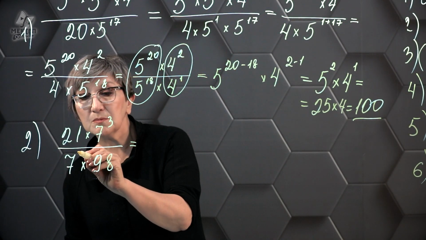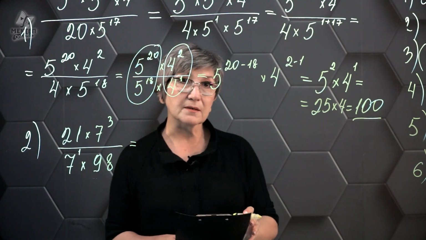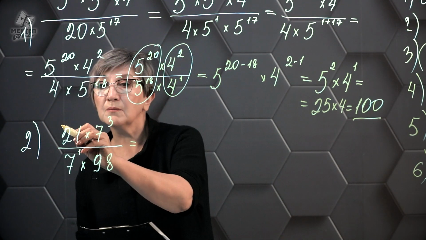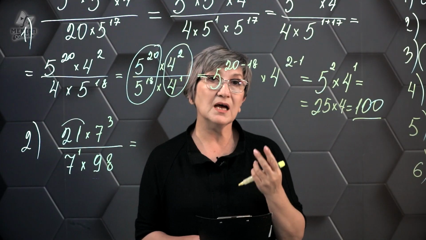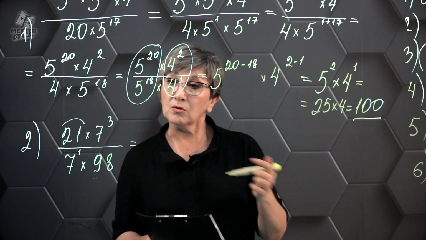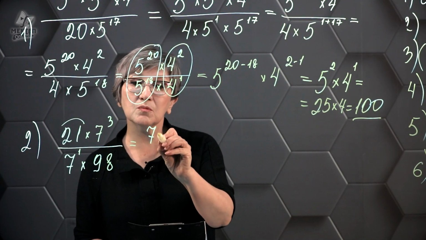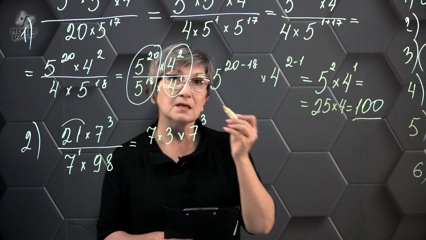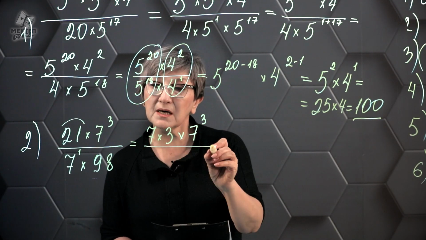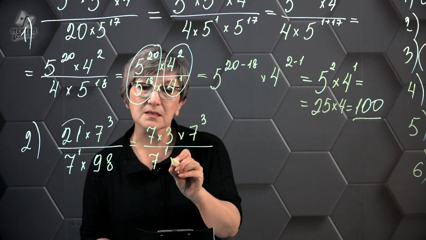Let's add the exponent. That's 1. Now, we need to write 21 as the product of two multipliers. But 21 is 7 times 3. And I'll rewrite 7 times 3. The denominator is 7 to the power of 1.